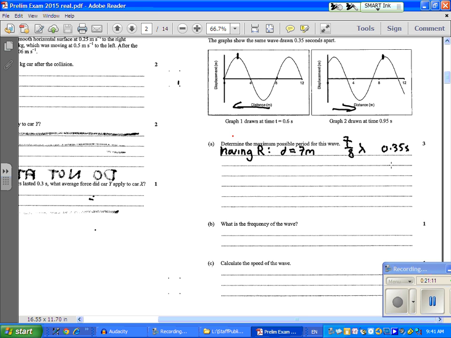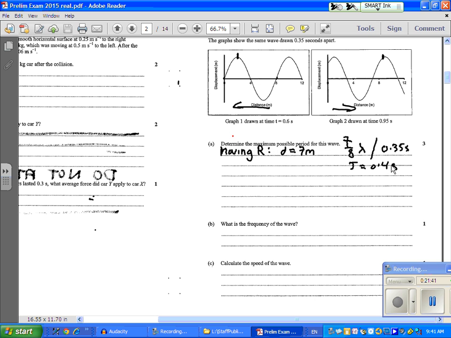Now, the time it takes for one wave to pass is the period, right? So having got this information, 7/8 of a wave went past in 0.35 of a second. So now if I divide that by 7 and multiply it by 8, I'll work out how long it takes for one wave to go past, won't I? And if you do that, you end up with a period of 0.4 seconds.